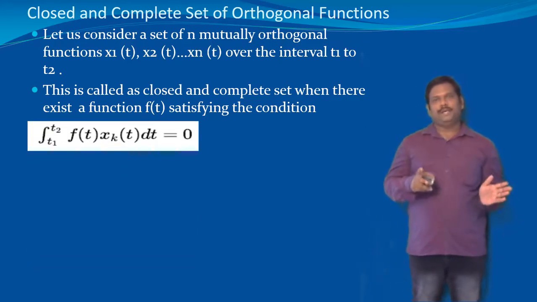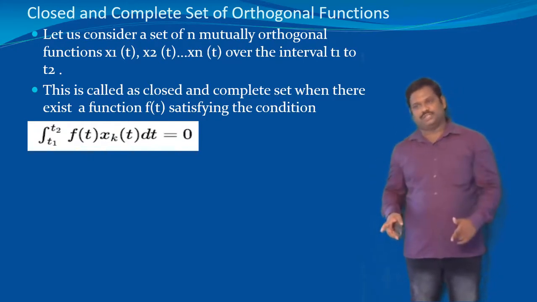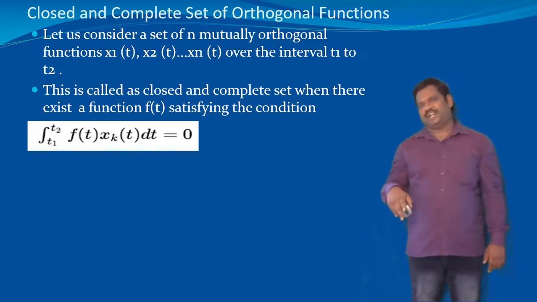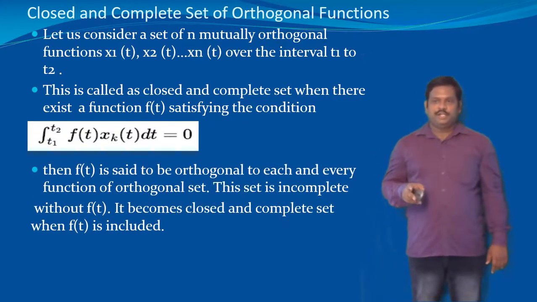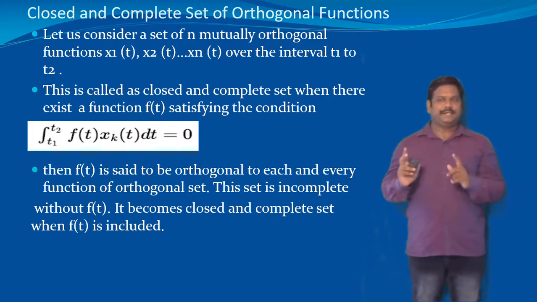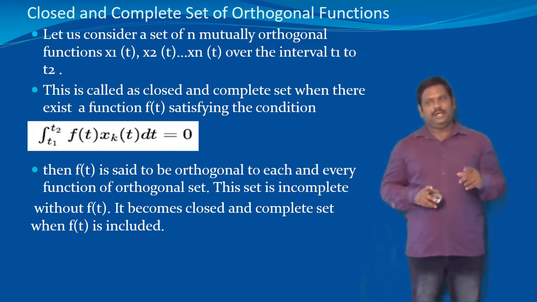That is, f of t will be integrated with each of the n functions. That's why we have kept the k here, where k runs from 1 to n. For the n functions, these integrations have to be calculated and equal to 0. If f of t is orthogonal to each and every function of the orthogonal set, then this set is incomplete without f of t, and it becomes the closed or complete set when f of t is included.